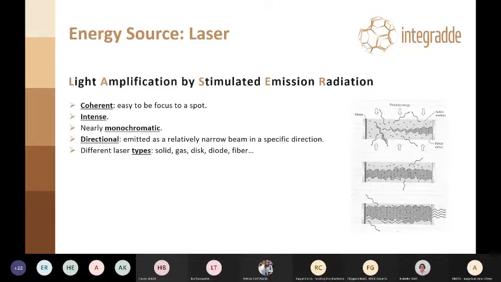And also, you can classify lasers into different types: solid or gas, or more specifically by the geometry of the manufacturing of the emitter. You can also have fiber or disc laser, or even diode laser.